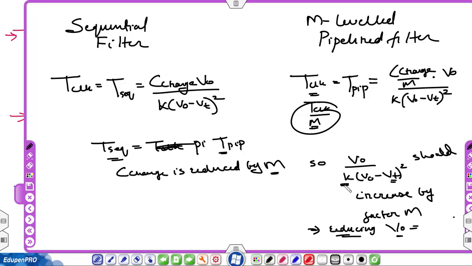We cannot increase or decrease K or Vt. So only one term, V naught, can be modified. By increasing this term by factor M, this M will get cancelled by this M, and T pipelining will be equal to T sequential.